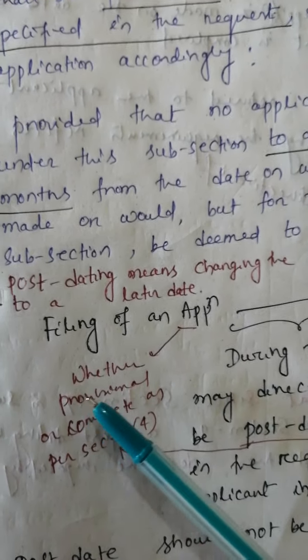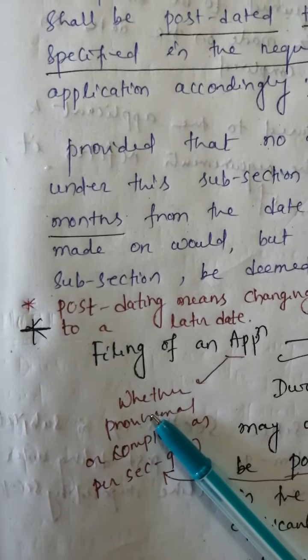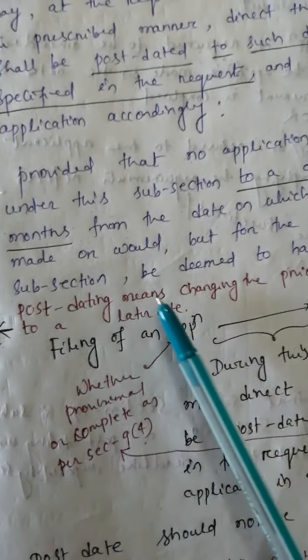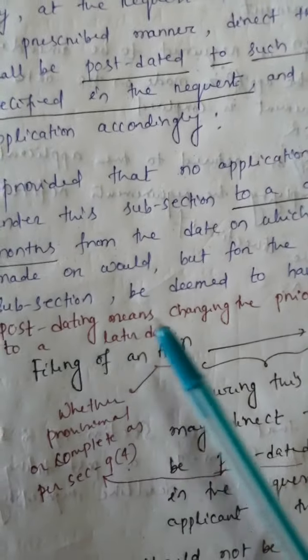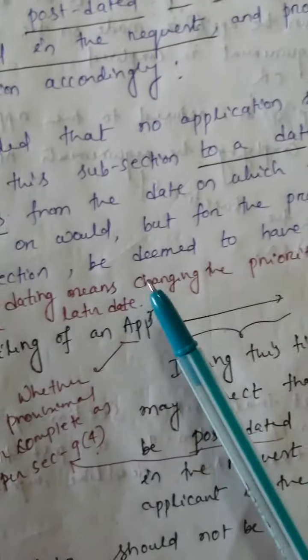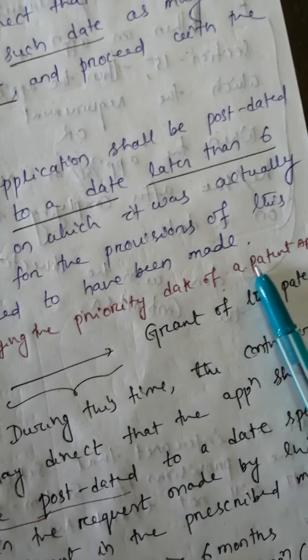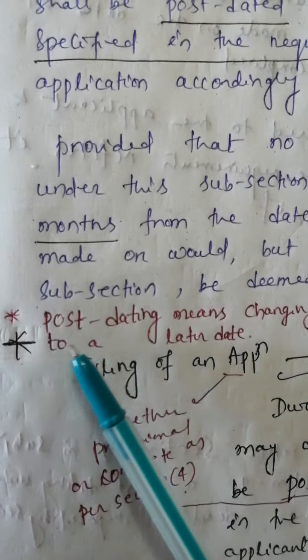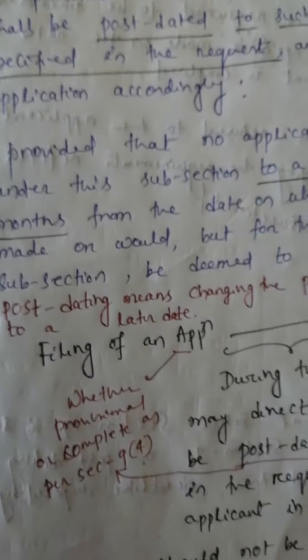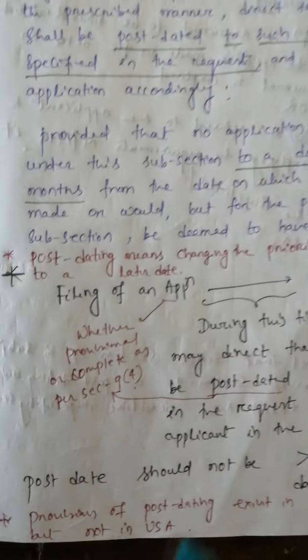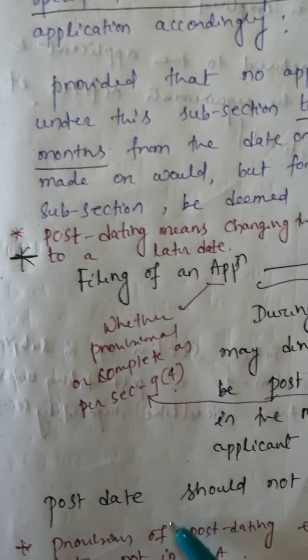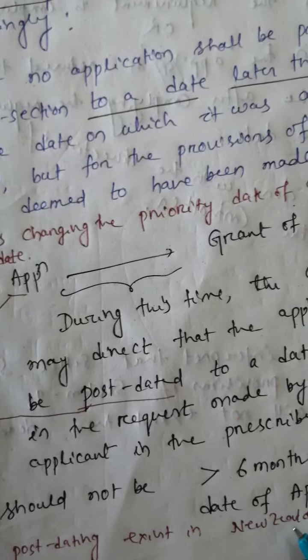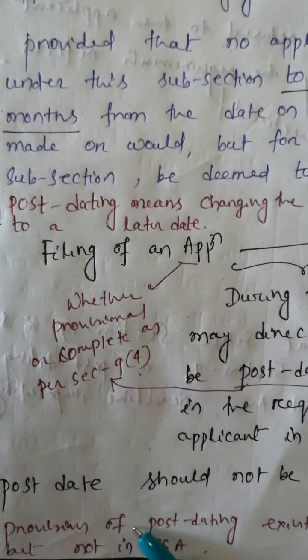You can take a look in Section 9 as well. Post dating means changing the priority date of a patent application to a later date. Also, I have written a sentence here that provisions of post dating exist in New Zealand and UK but not in USA. This is just to remember.